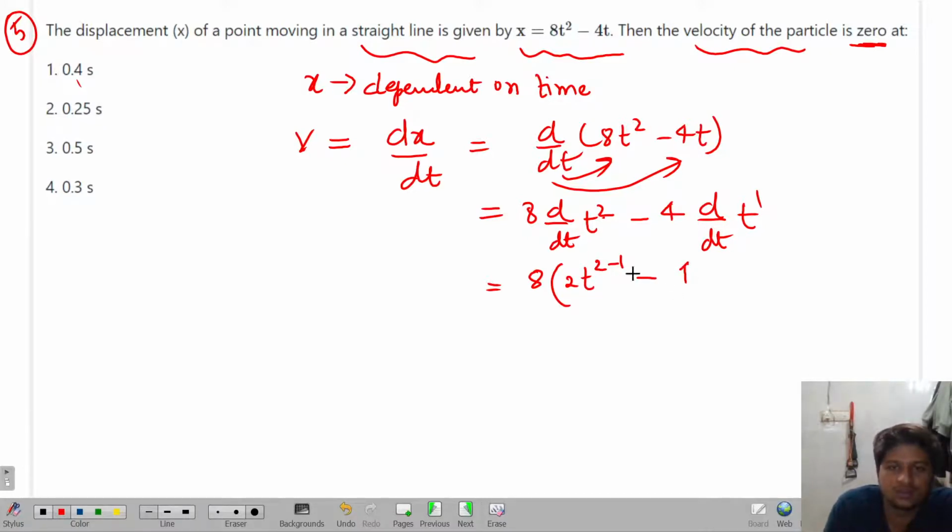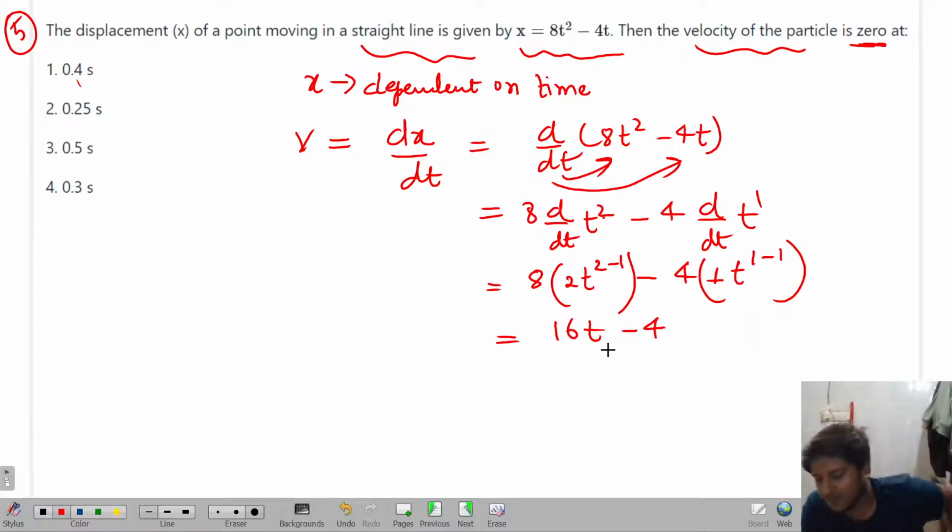For t square it is 2t to the power of 2 minus 1. Here n equals 1 for the second term, so 1 times t to the power of 1 minus 1. This becomes 8 times 2t, that is 16t, minus 4 into 1, that is 4, since t to the power of 0 is 1.